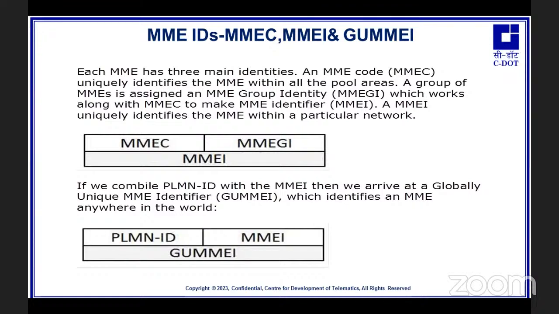There are 6 MMEs in a pool, and this pool identity is 1. So MMEC is clear, and MMEGI is clear. MMEC plus MMEGI is called the MMEI, the MME identity.